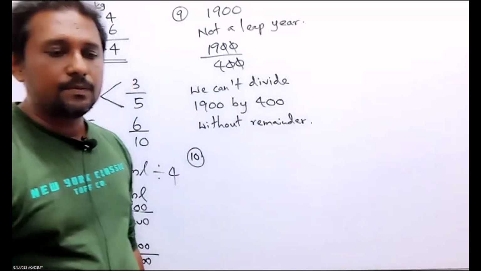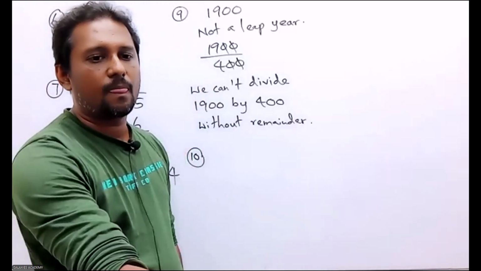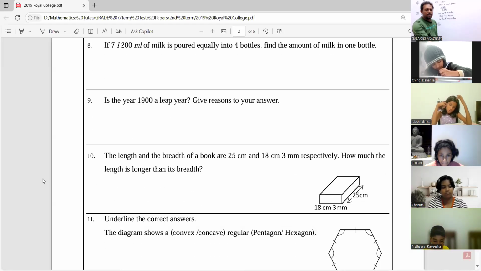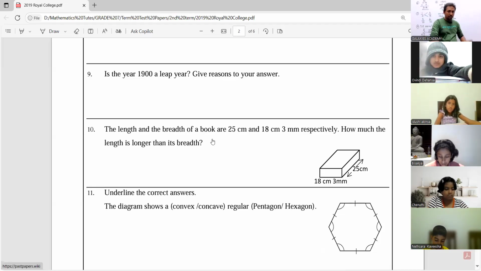Number 10. The 10th one given, the length and breadth of a book are 25 centimeters and 18 centimeters and 3 millimeters respectively. How much is the length longer than its breadth?